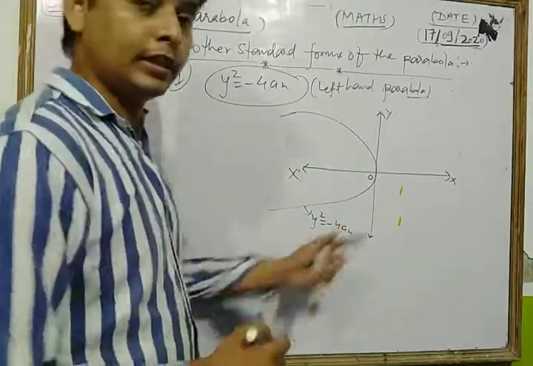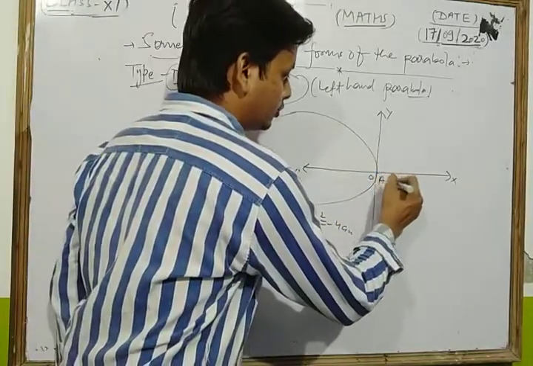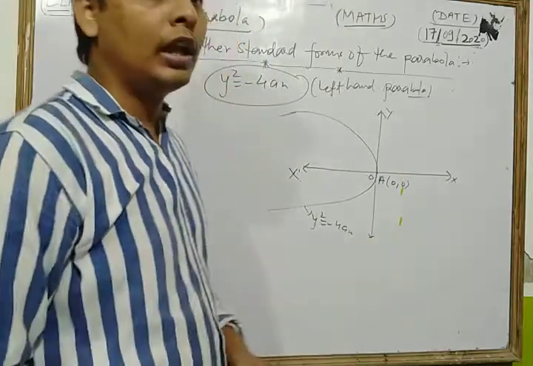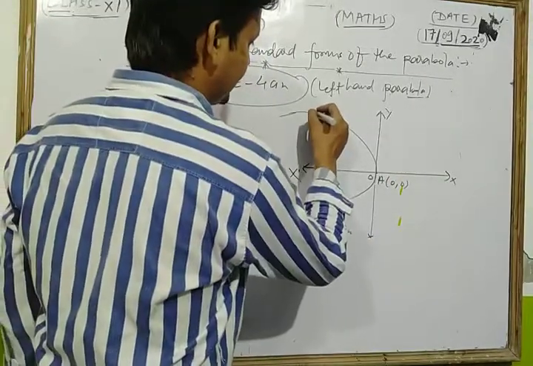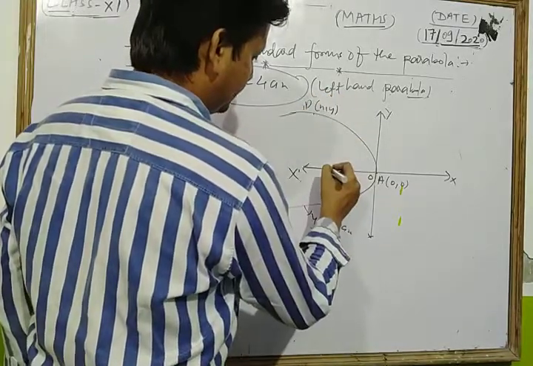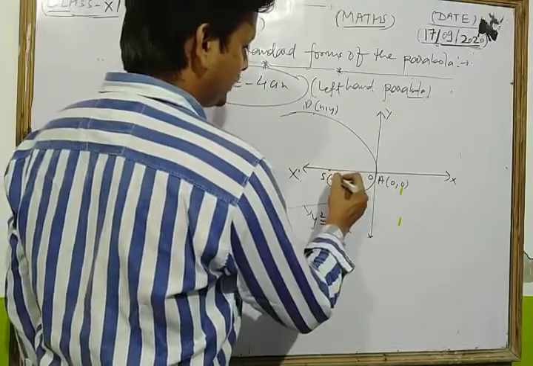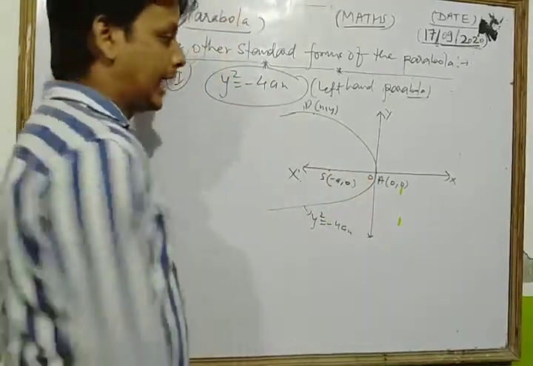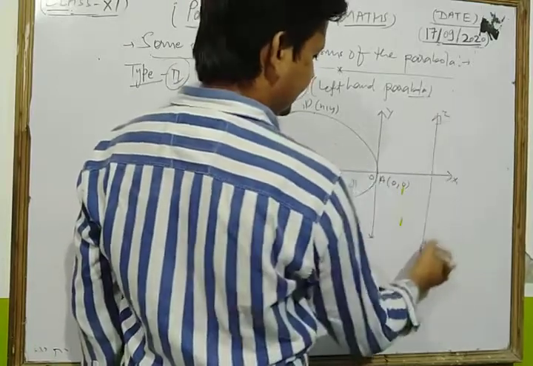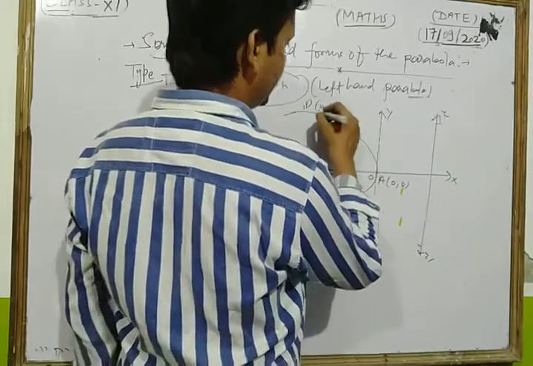This is the vertex of the parabola, and the coordinate of the vertex of this type of parabola is always (0, 0). Let P be a point on the parabola. The coordinate of the focus is (minus a, 0), and the directrix is on the side opposite to the vertex, and this is the perpendicular.